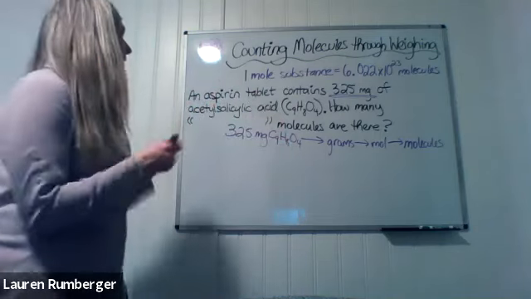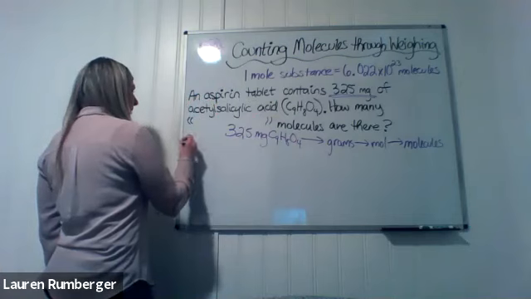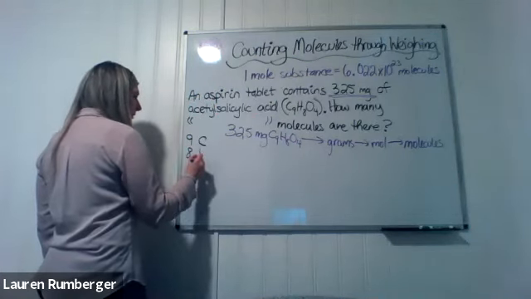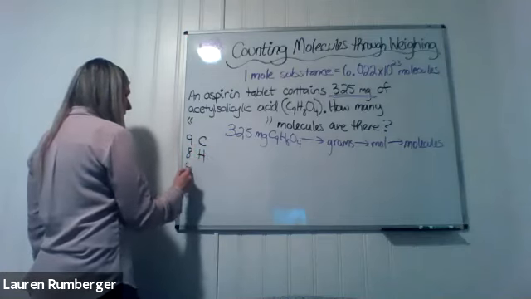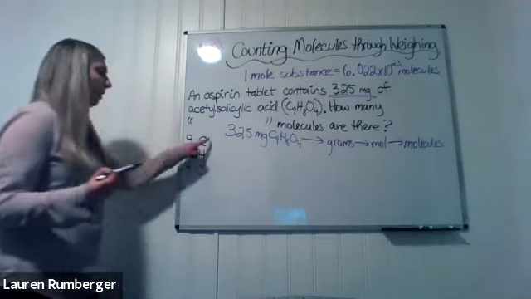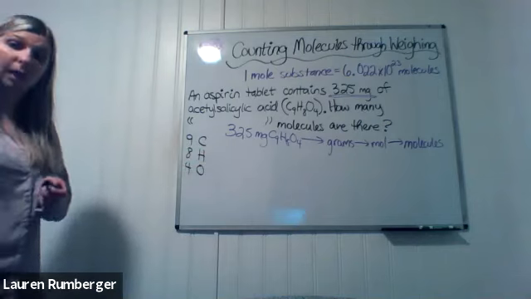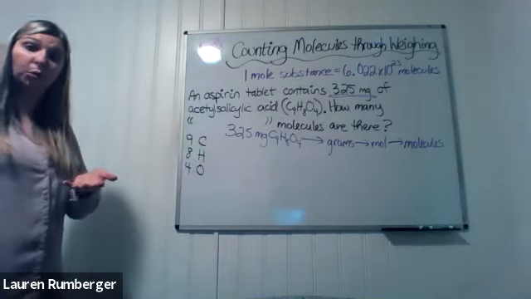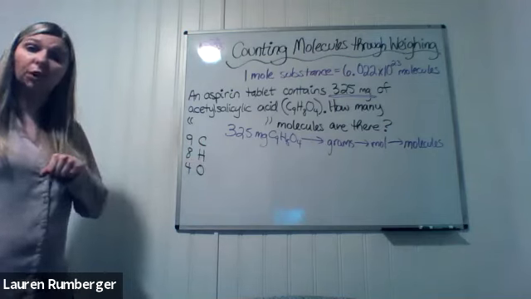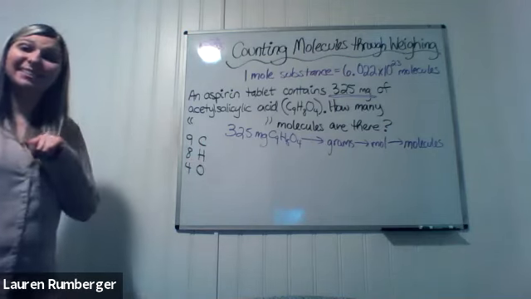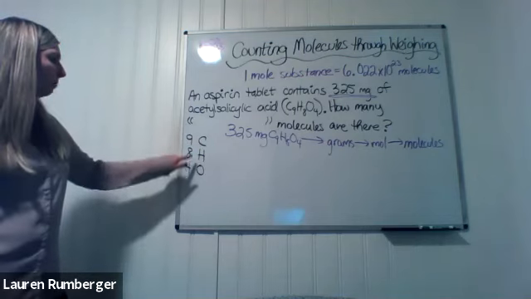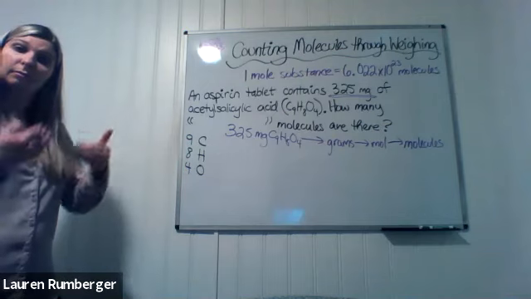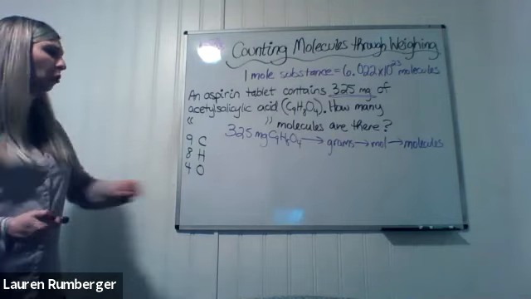Just remember, you will be adding together 9 carbons, 8 hydrogens, and 4 oxygen atoms. The masses come from the periodic table: carbon is about 12.01, hydrogen is 1.01, oxygen is 16. Multiply by the number of each element and then add the masses to give you the total.